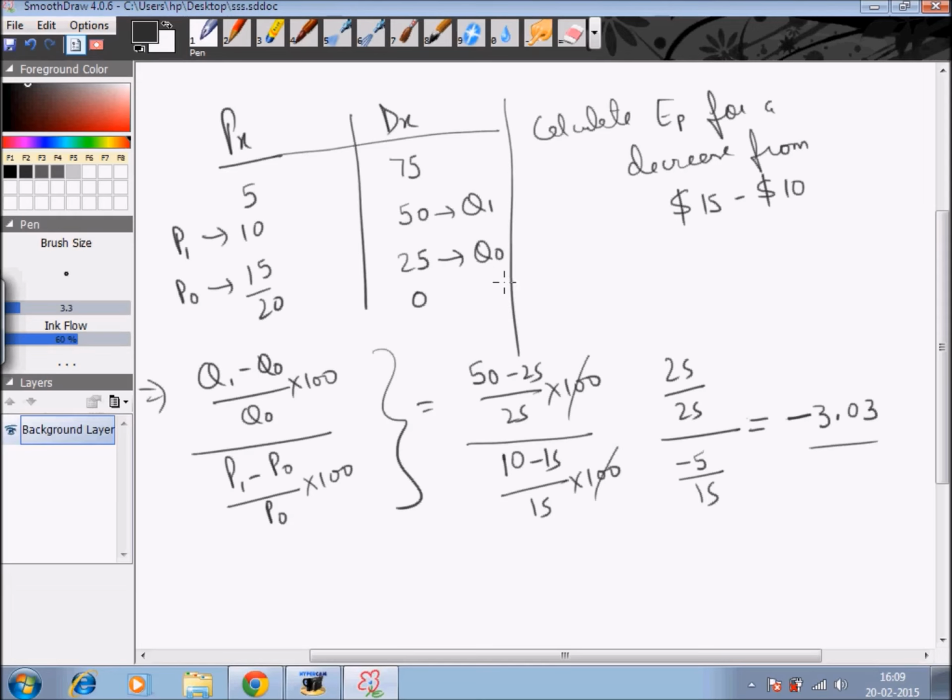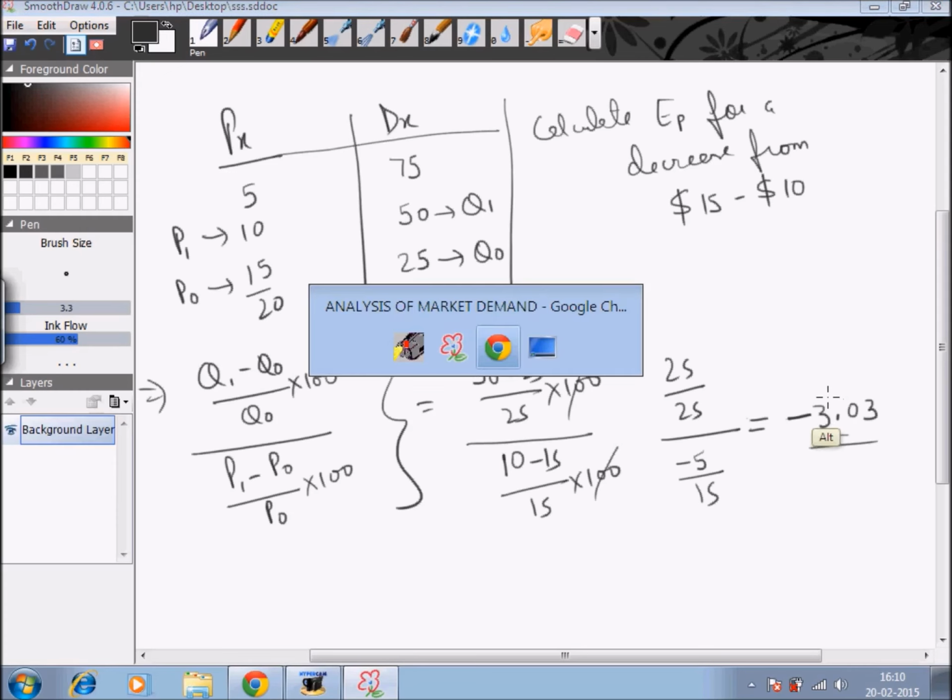Now, concluding, in this example, we have seen that the product X was highly sensitive to the price changes. So this is elastic demand. Likewise, there are 5 degrees of elasticity of demand. Let's see them.